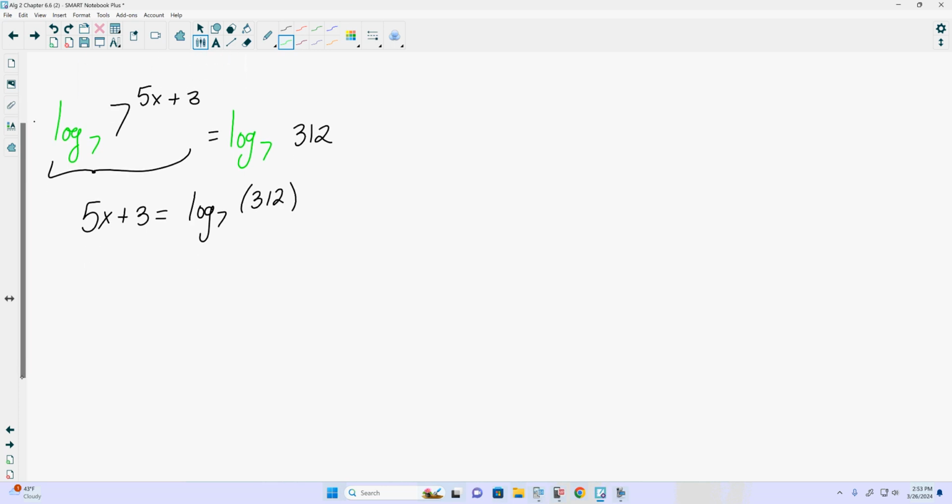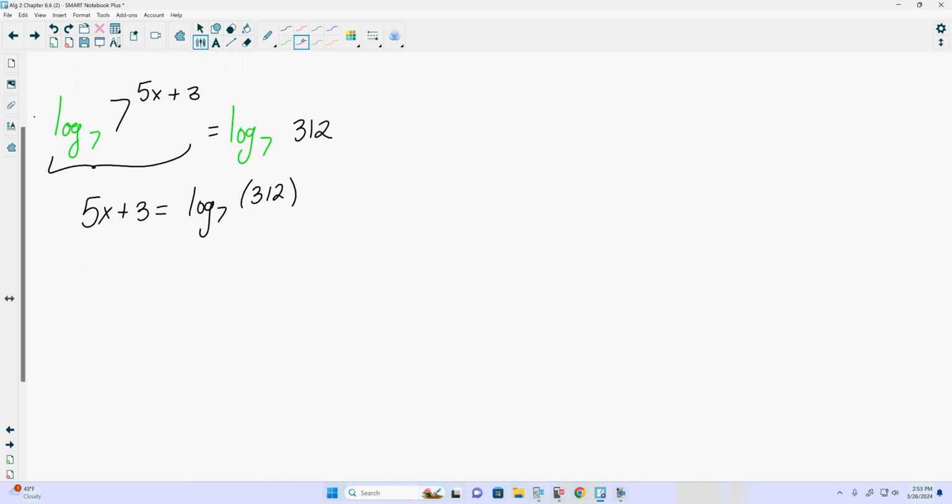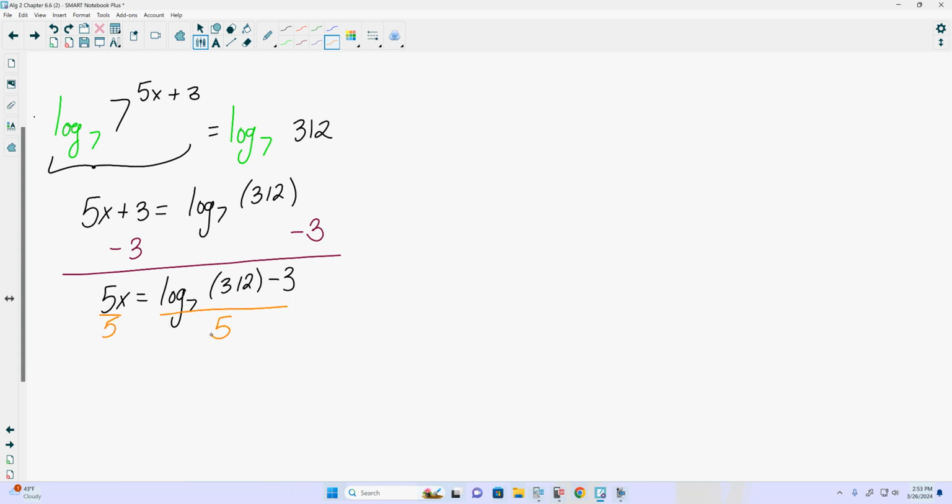Is x by itself? So what do we need to do? Minus 3. We're going to subtract 3 from both sides. 5x is equal to log base 7 of 312 minus 3. Now, is x by itself? So what do we need to do? Divide both sides by 5.